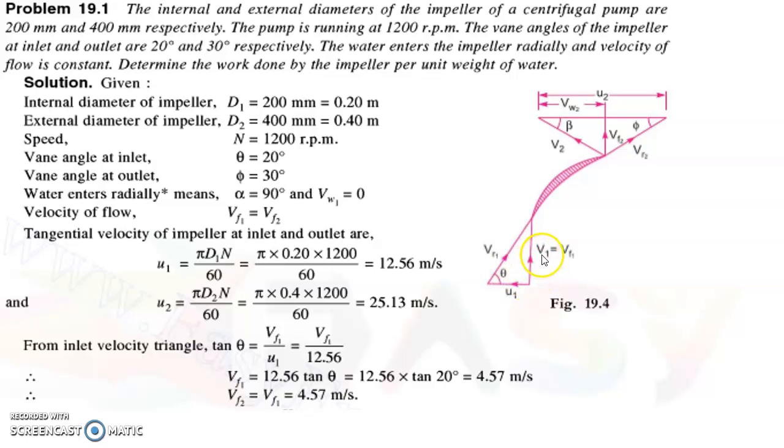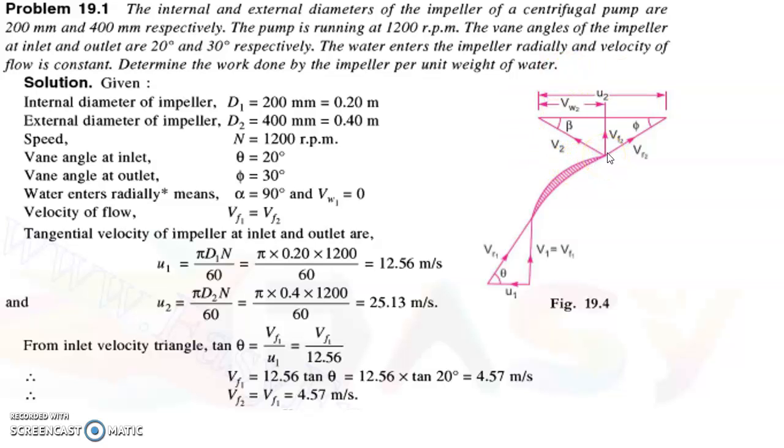The perpendicular component of V1 is VF1 and the horizontal component of V1 is VW1. Since alpha is equal to 90 degrees, VW1 will be equal to 0 and V1 will be equal to VF1. Similarly, we can see that this is our outlet velocity triangle.